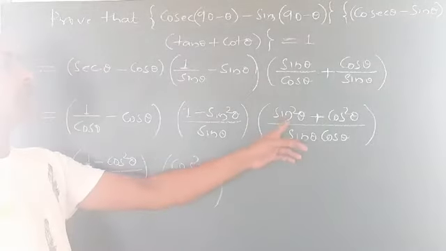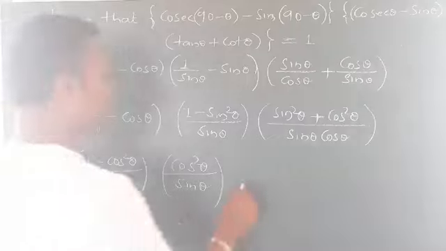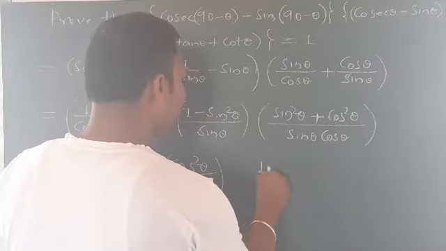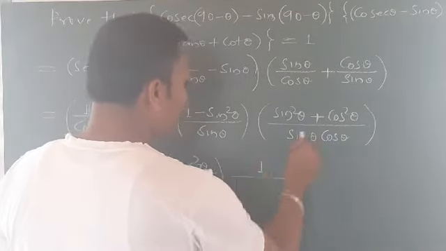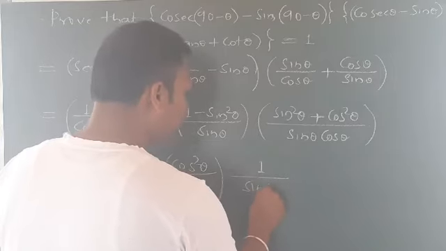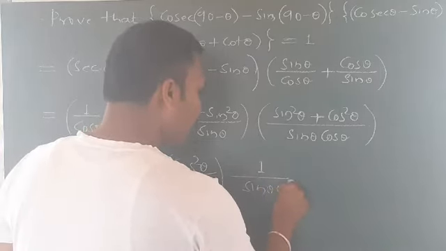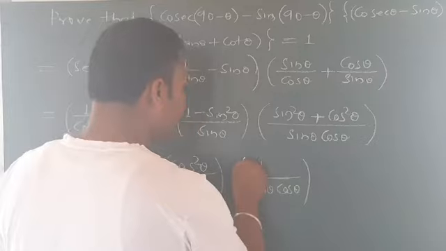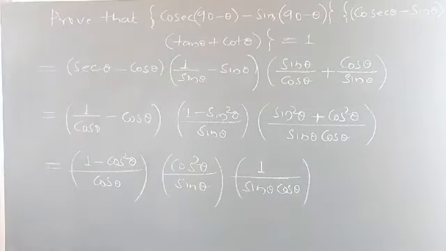Now next we have sin square theta plus cos square theta, which is nothing but 1. So, identity first, this becomes sin theta into cos theta, keep the bracket as it is. Next step, 1 minus cos square is nothing but sin square theta by cos theta, keep the bracket.